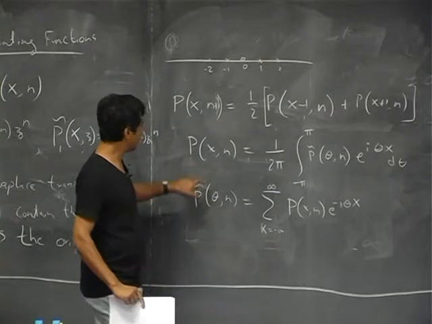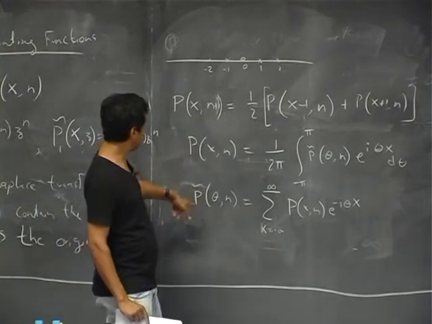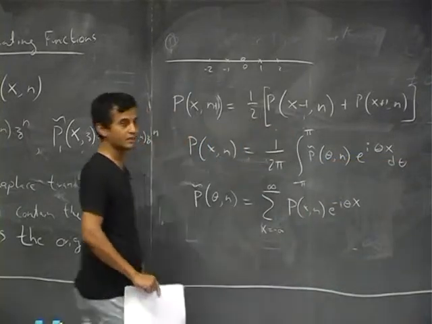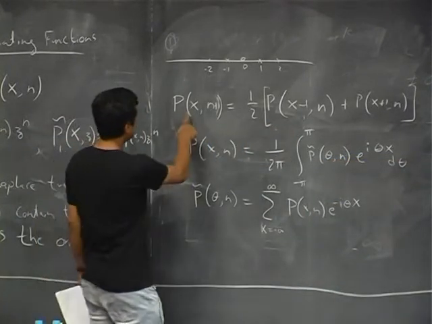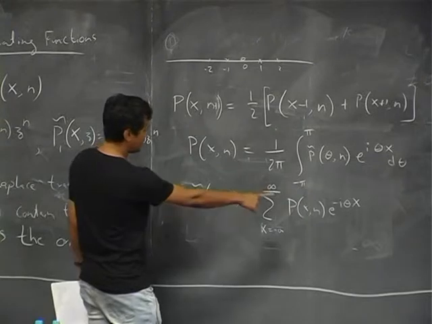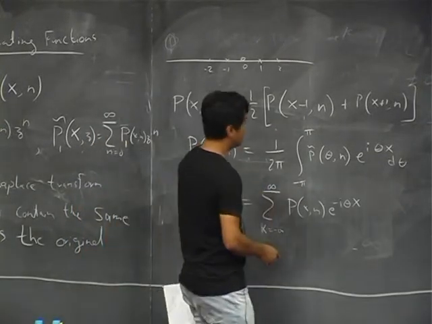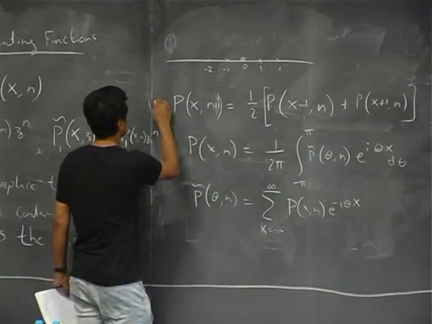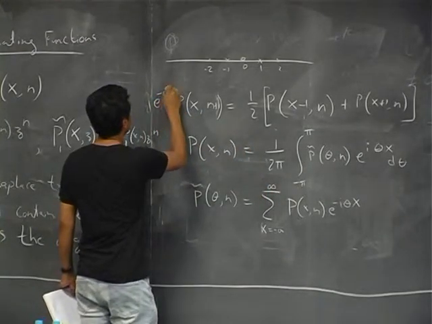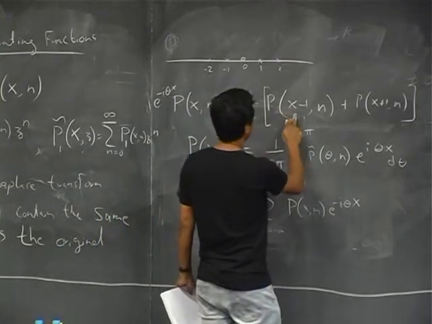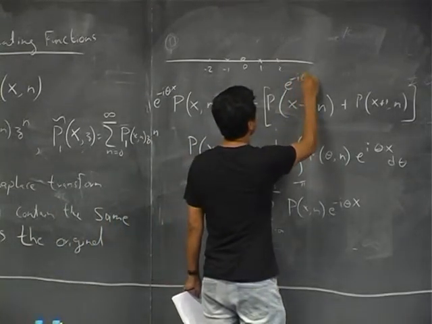Okay, so now we want to get an equation for p tilde theta, just like we got an equation for p tilde k, t. What we'll do is multiply this equation by e to the power minus i theta x, and here I multiply by e to the power minus i theta.